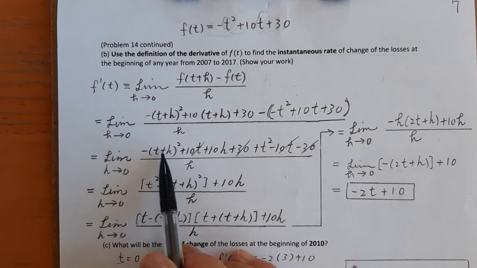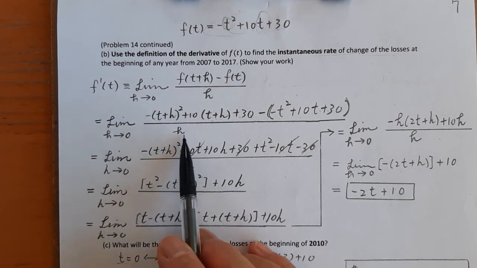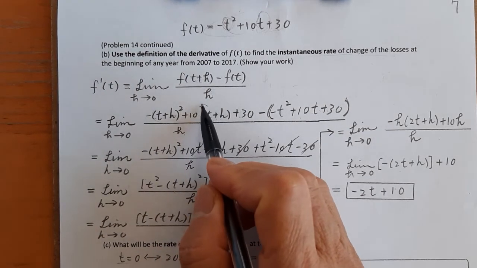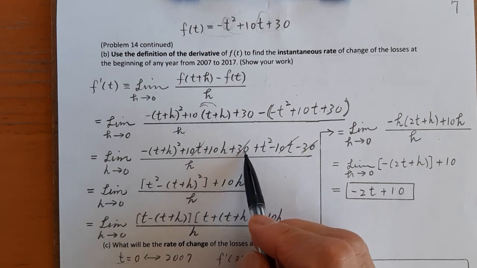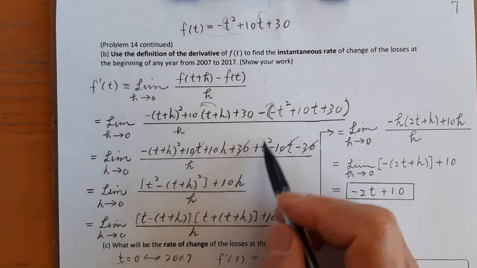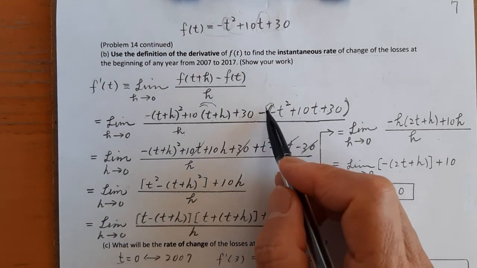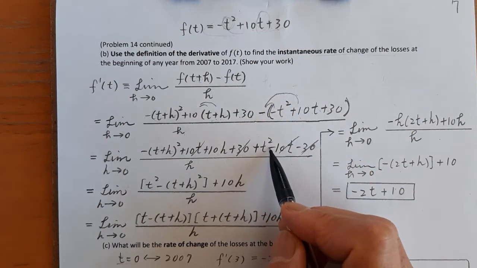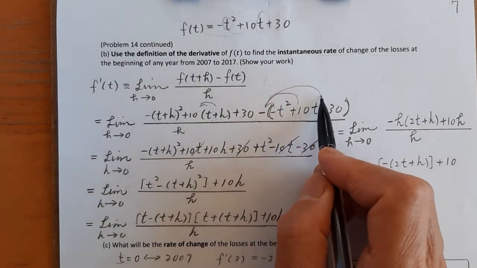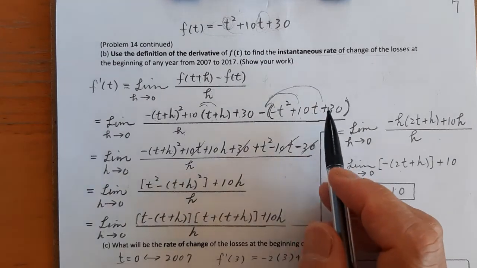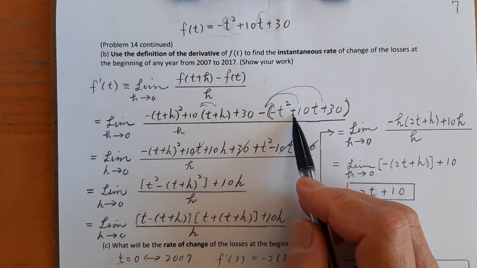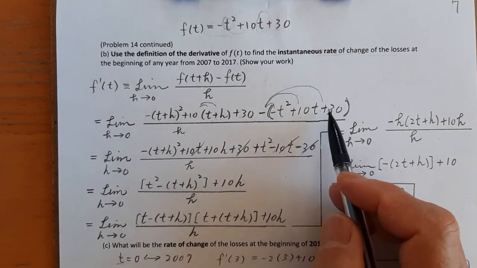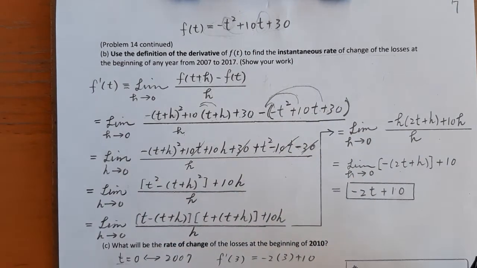So it's negative quantity t plus h squared distributed in, 10t plus 10h plus 30. Negative times negative becomes plus. Negative times positive becomes negative. Negative times positive becomes negative. So change the signs: negative changes to plus, plus changes to minus, plus changes to minus.